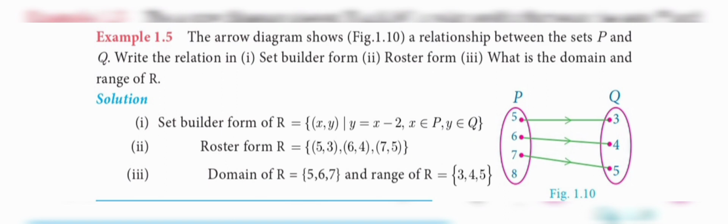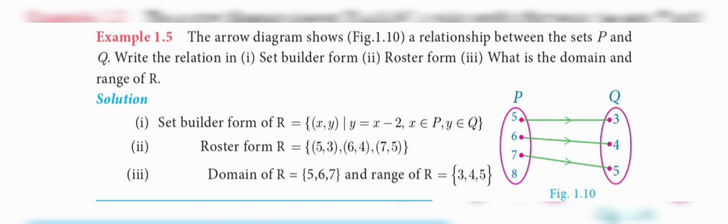Second subdivision, roster form: directly write the ordered pairs. So (5, 3), (6, 4), and (7, 5). Here we don't bother about the element which does not have an image, so just write the ordered pairs which are related. Third subdivision is domain.